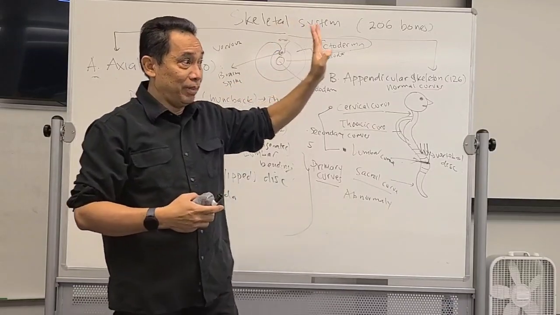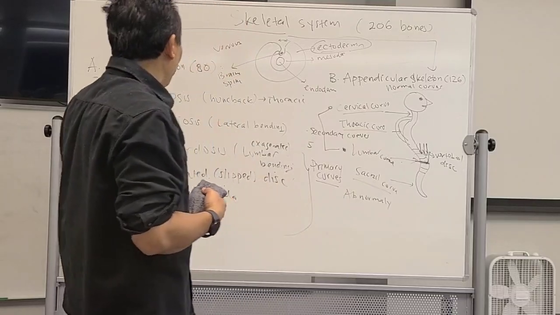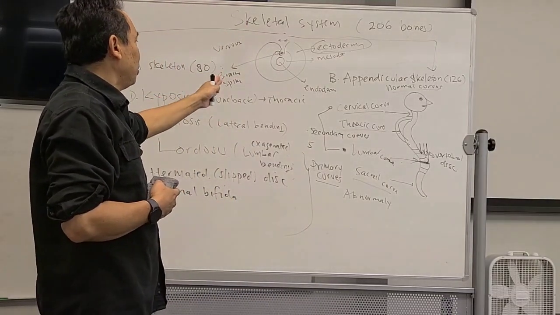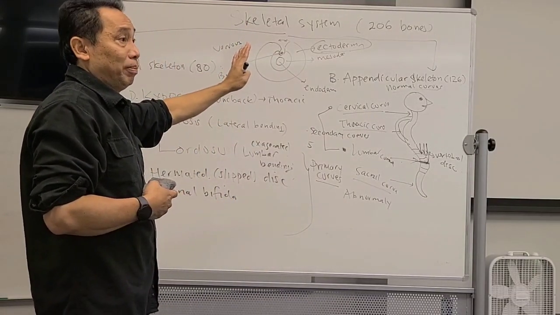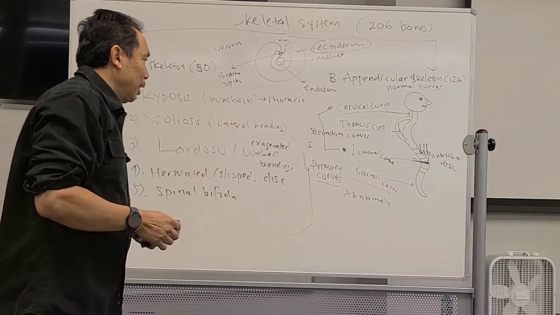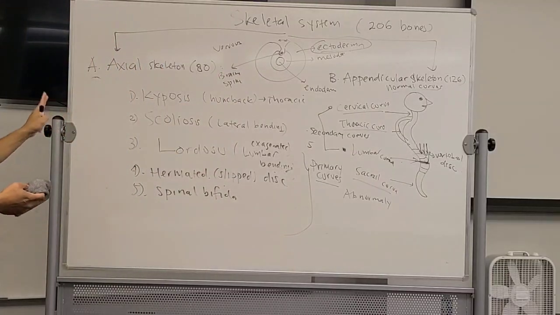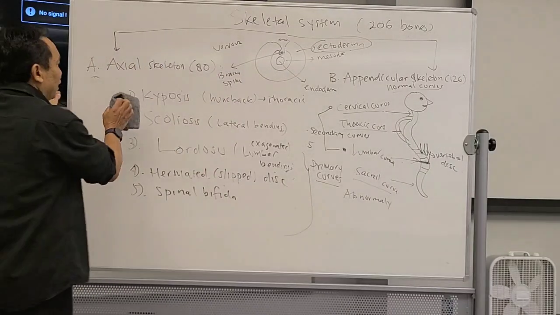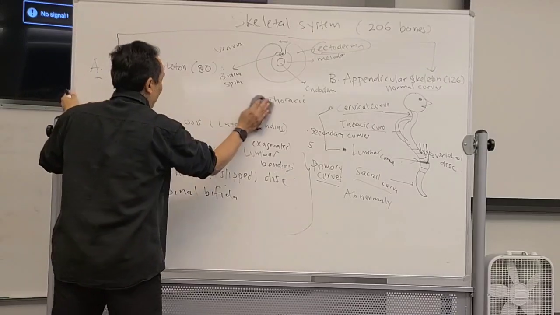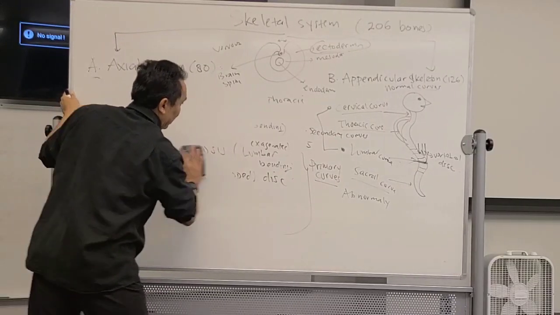Okay, you get this one? That's the proof that the nervous tissue is made from ectoderm. Okay, do you have a question for this one? If not, we go to the next group of the axial skeleton.